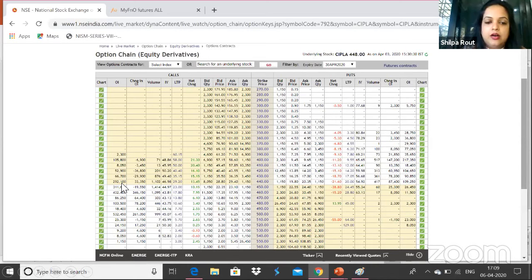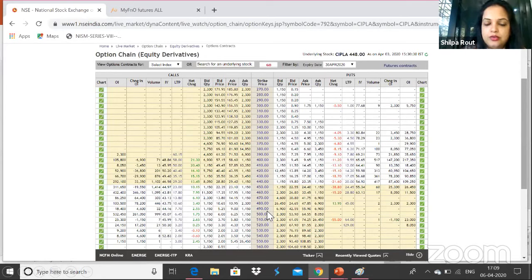So one basic thumb rule to understand OI in the live market is to see where the maximum participation is happening. On the put side, the maximum OI build-up is at 400 levels, and on the call side, the maximum OI build-up is at 500 levels.